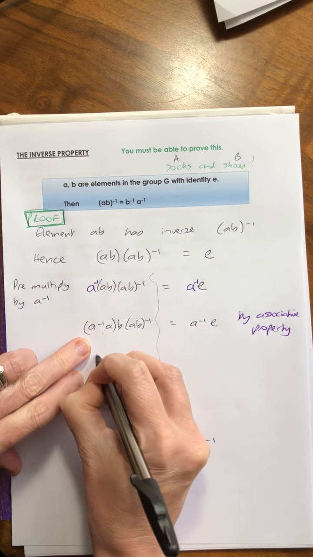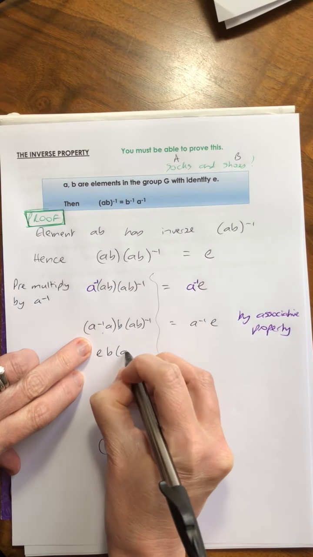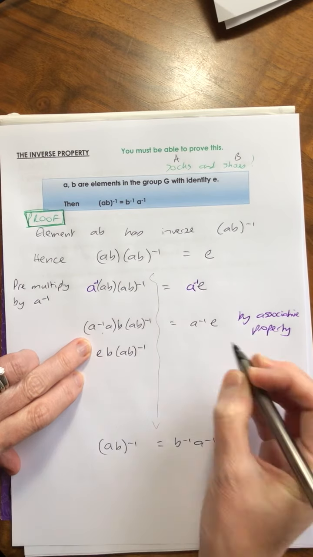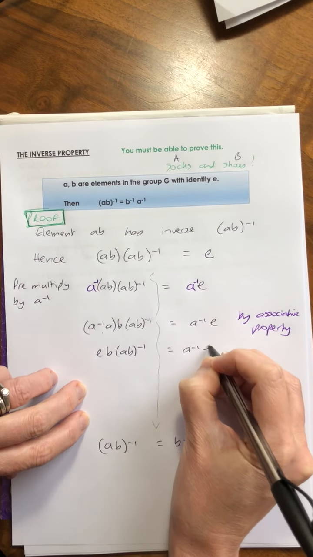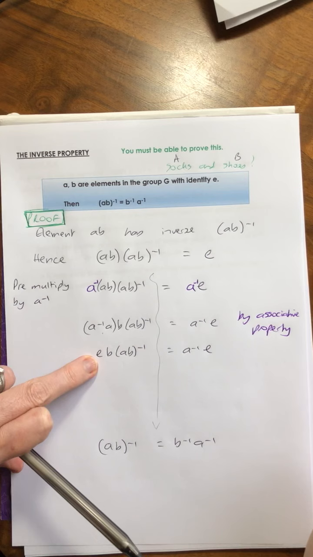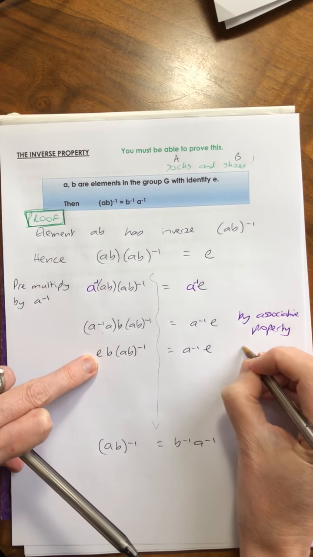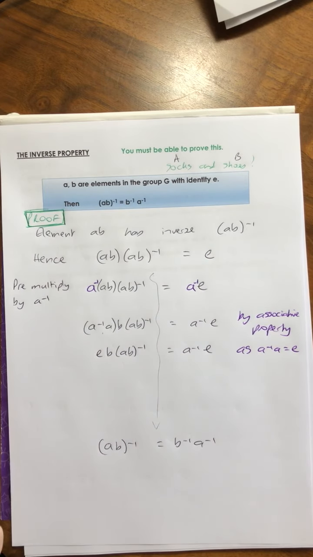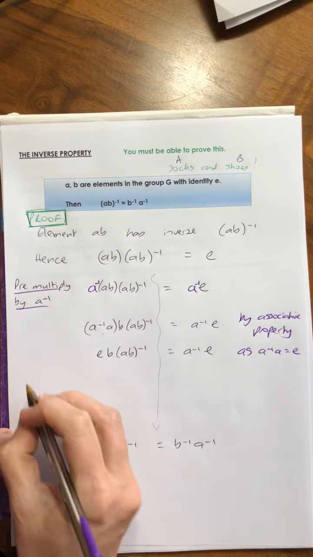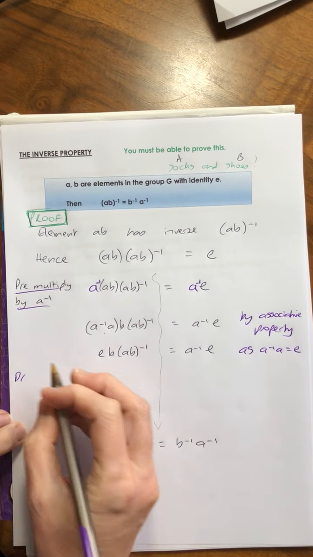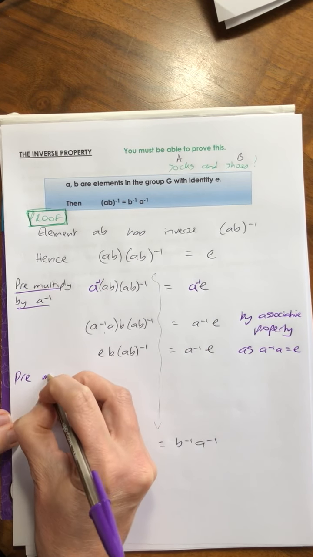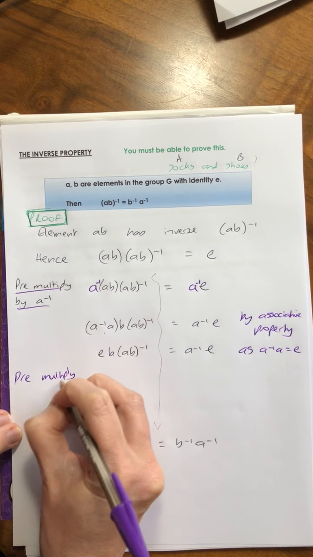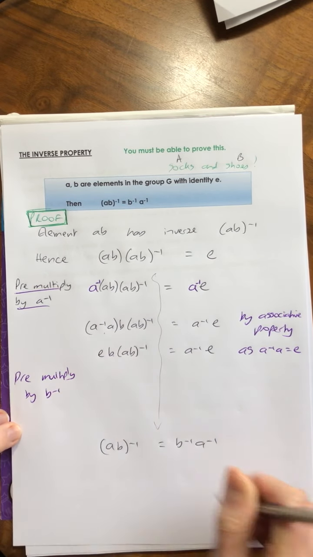So that is equal to E, B, AB inverse. Again, I've used something there. Let's write it down: A inverse times A is equal to E. Now what I want to do is get rid of that B. I get rid of that B by pre-multiplying by B inverse.